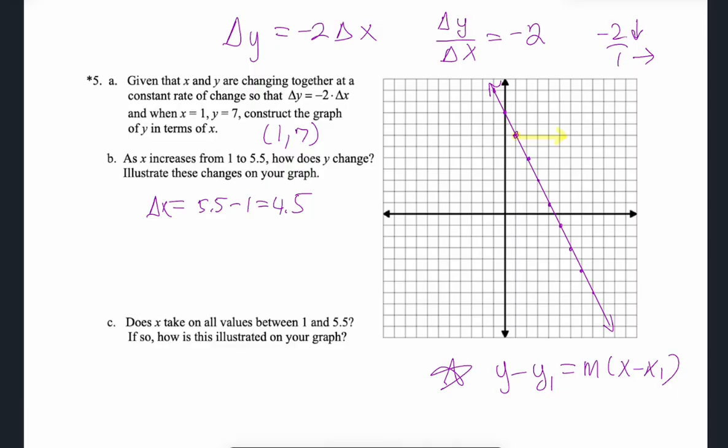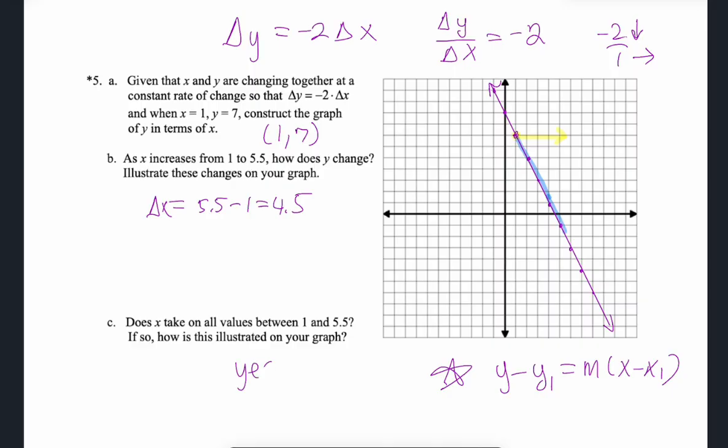And it says, does x take on all values between 1 and 5.5? If so, how is this illustrated on the graph? As you can see, this portion of the graph takes on all x values between that x value of 1 and the x value of 5.5.